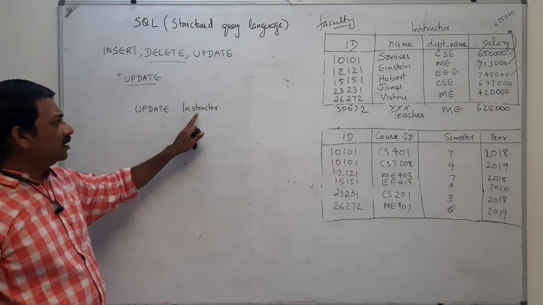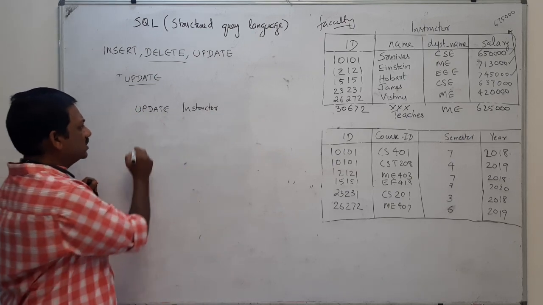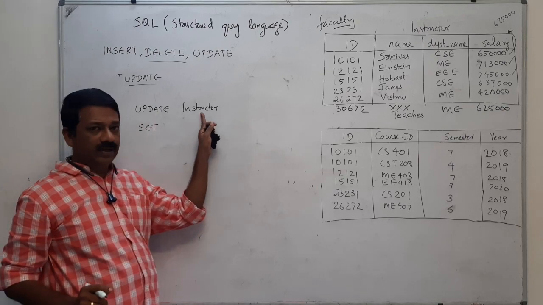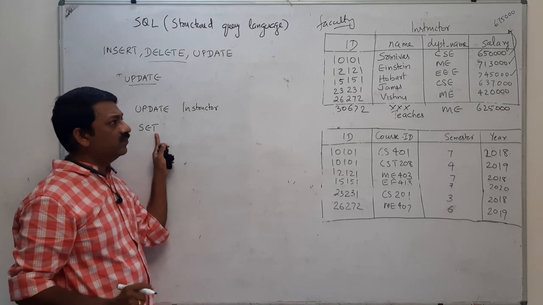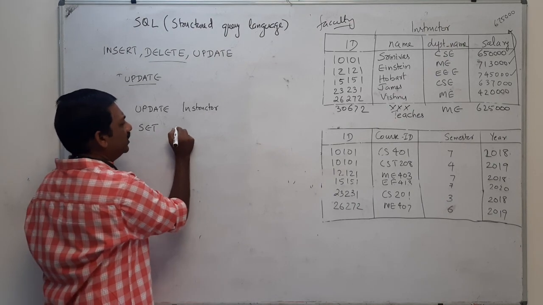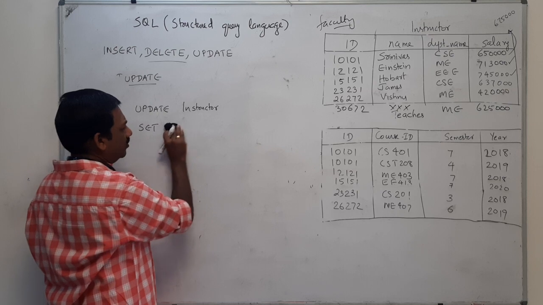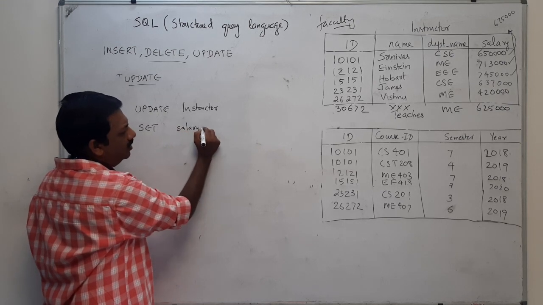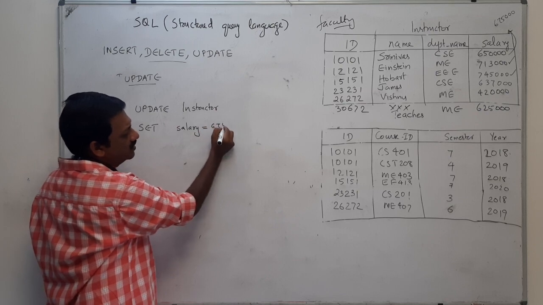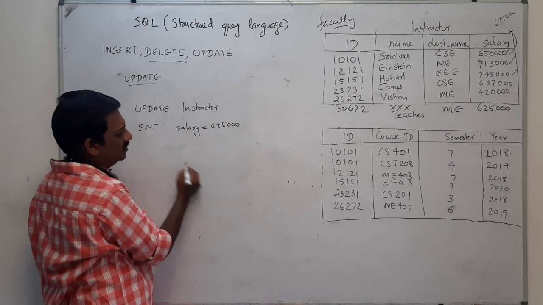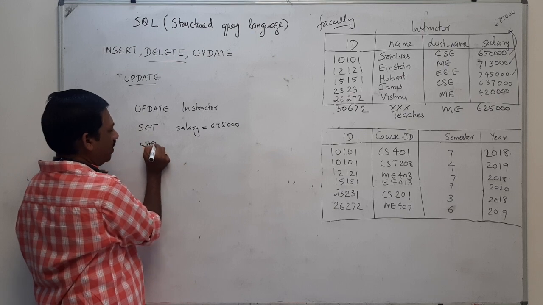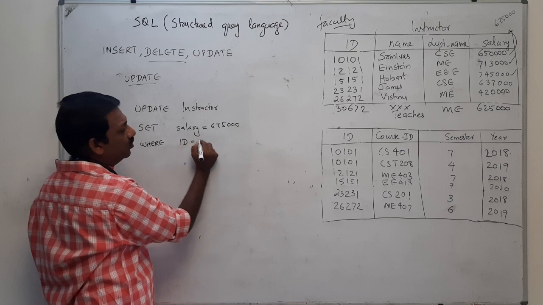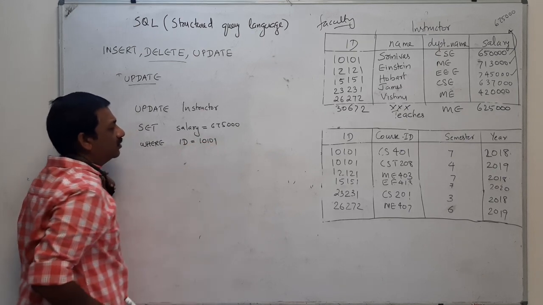Update instructor set. That means update table name followed by set. Which value to set? Set salary equal to 6,75,000 where ID equal to 10101.